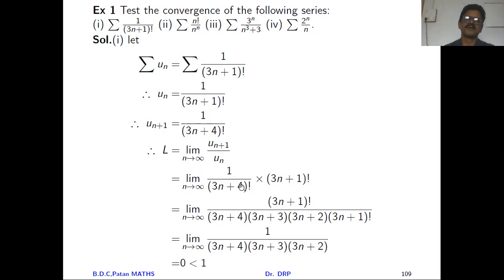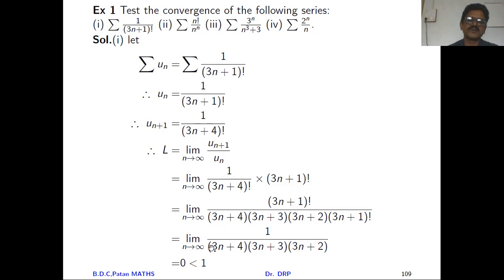Friends, here (3n plus 4) factorial is greater than (3n plus 1) factorial. So we can write (3n plus 4) factorial as (3n plus 4)(3n plus 3)(3n plus 2) into (3n plus 1) factorial, and this (3n plus 1) factorial gets cancelled. There you will get limit n tends to infinity of 1 upon (3n plus 4)(3n plus 3)(3n plus 2).